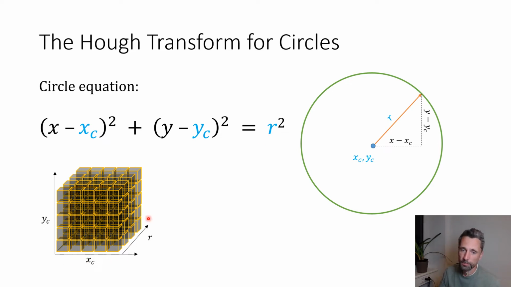Now, in the line version, we iterated over one of the parameters, the angle, right? So from 0 degrees to pi, to 180 degrees. And by using this assumed orientation, we then plugged this into the equation, and then we found the distance of the line to the origin. And we knew where to increment in the accumulator.